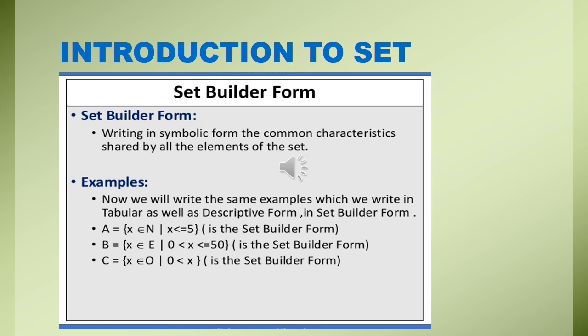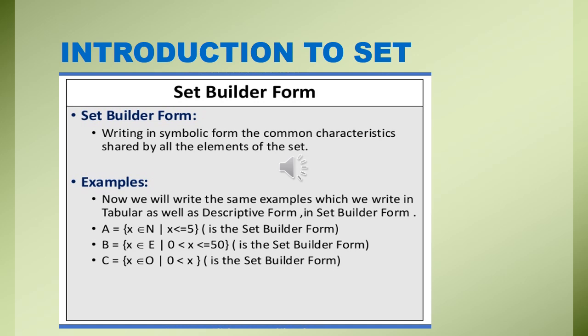Suppose we have to write in descriptive form the set of first 5 natural numbers; in listing form we can write 1, 2, 3, 4 and 5. But in set builder form we can use symbols. Here we have to write {x such that x belongs to N, where N shows natural numbers, and x is less than or equal to 5}. Clear? And this form is called set builder form.